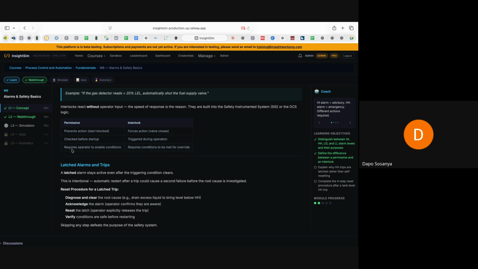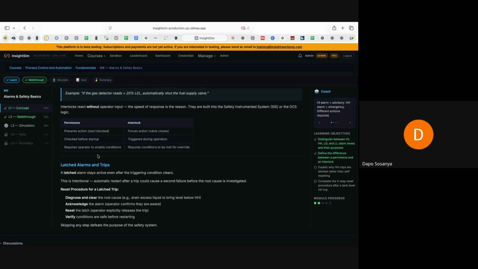The permissive requires the operator to enable conditions. The interlock requires conditions to be met for override. So when the event is over, the operator must enable the conditions, right?